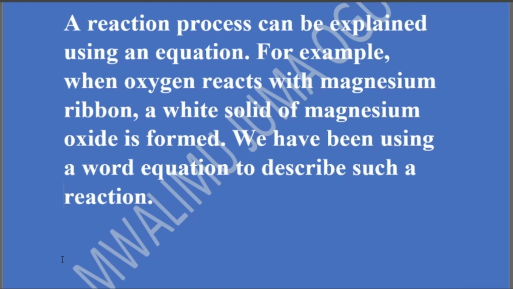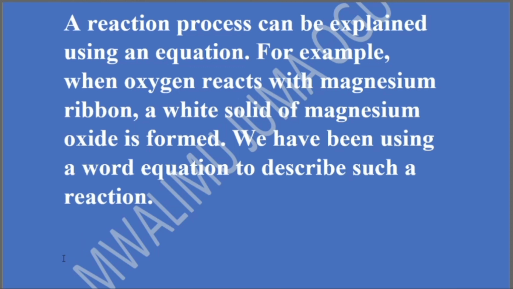A reaction process can be explained using an equation. For example, when oxygen reacts with magnesium ribbon, a white solid of magnesium oxide is formed. We have been using a word equation to describe such a reaction.